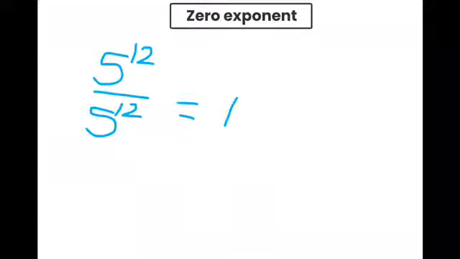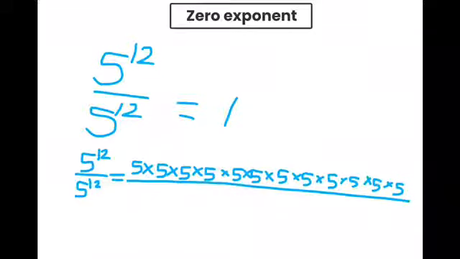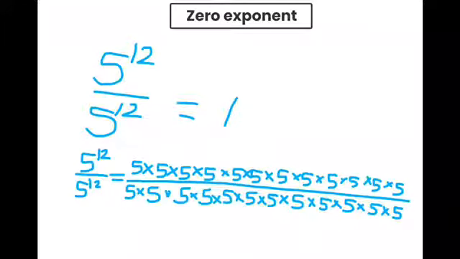Or another way we could look at it is if we were to expand the powers, then this would be 5 times 5 times, okay, so 12 fives multiplied together, divided by another 12 fives multiplied together. And what we saw in a previous example was that these begin to cancel out with one another. So that cancels out with that. 5 goes into 5 once, 5 goes into 5 once.